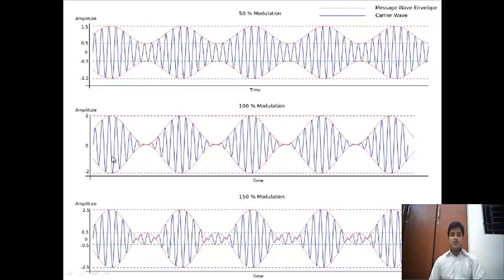In 100% modulation, it starts from 0 and touches the baseline, the 0 line. And this is our carrier wave. In 150% modulation, it starts from 0, touches the baseline and also crosses the baseline. This is 150% modulation.